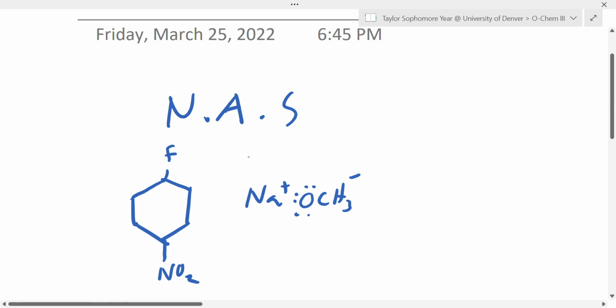So this would, nope, my bad. This would essentially attack here, causing this double bond to pop out here.